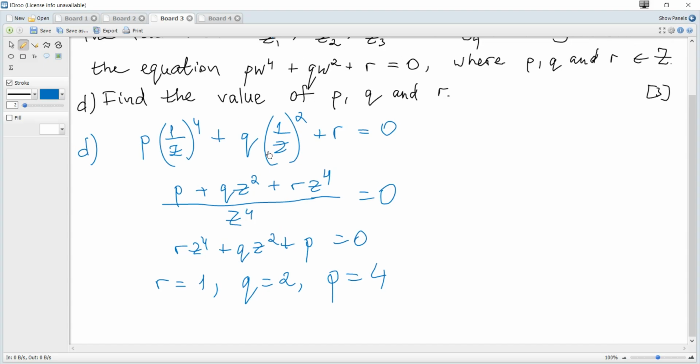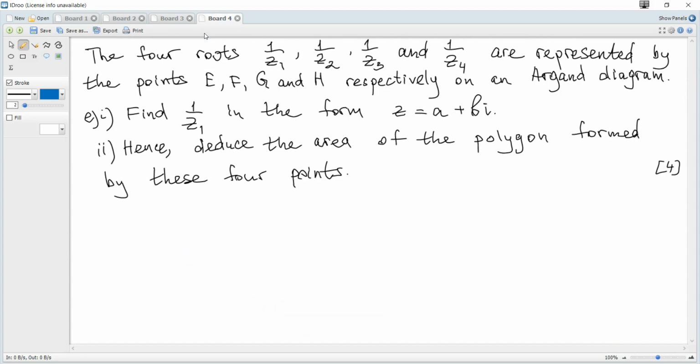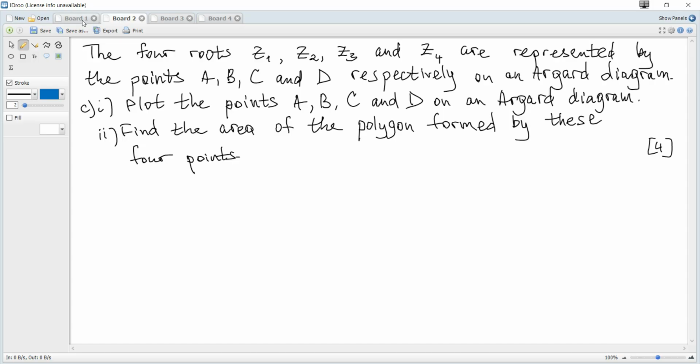The next, the 4 roots 1 over z1 and so on are represented by the points respectively on an Argand diagram. Find 1 over z in the Cartesian form. What is z1?